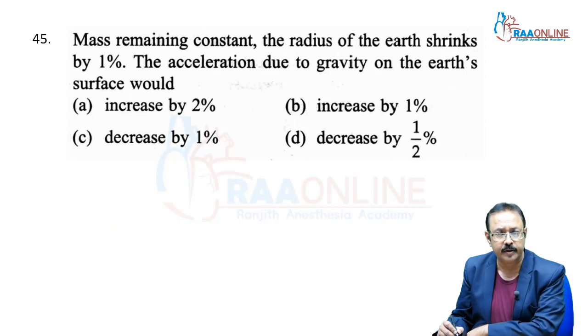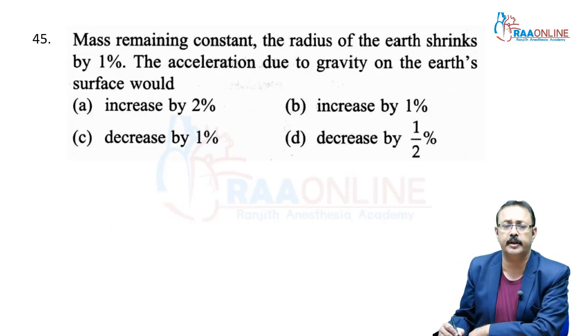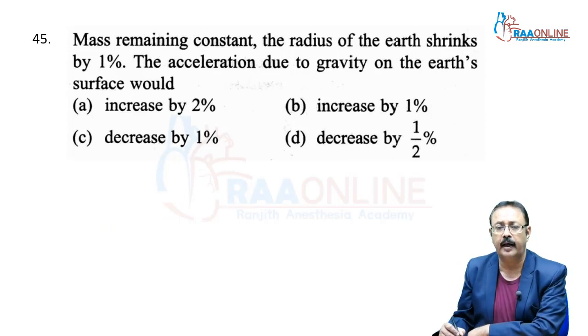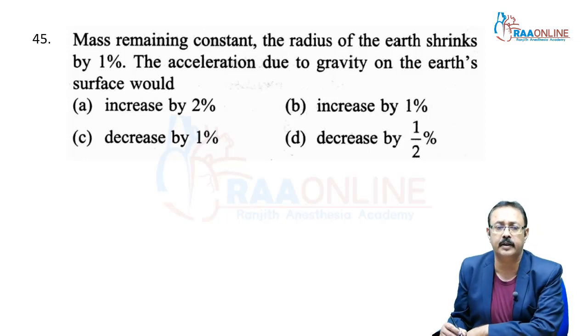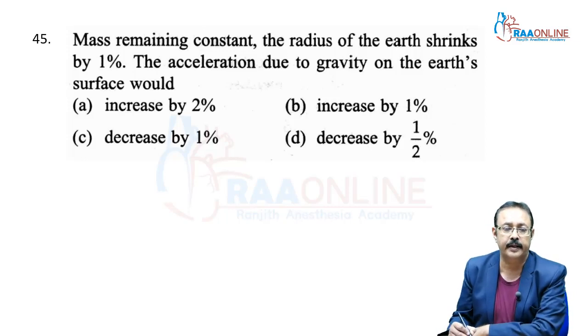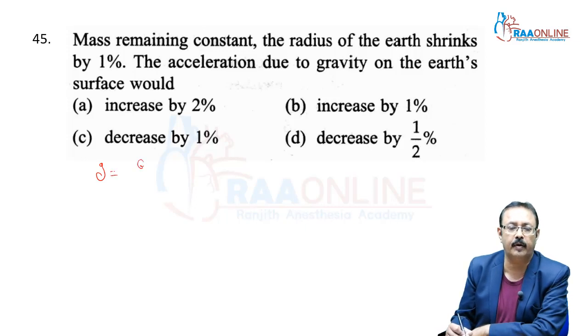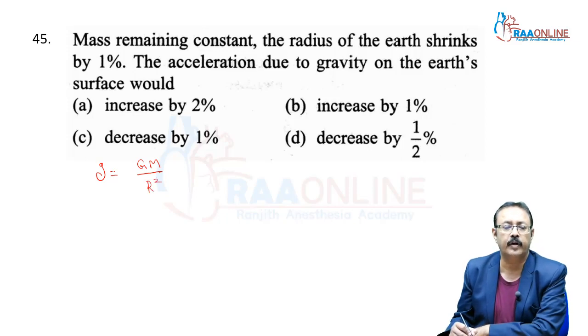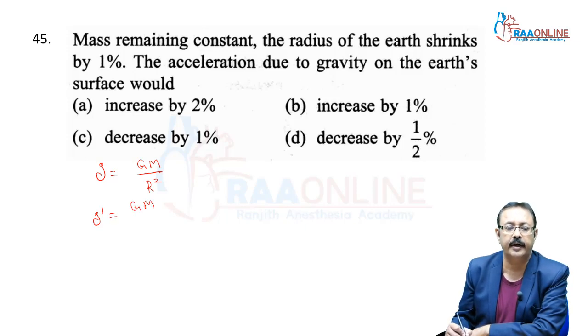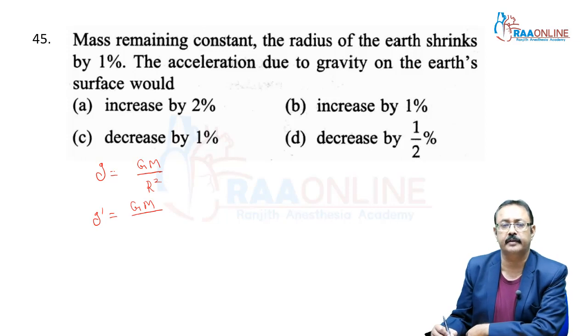Mass remaining constant, the radius of Earth shrinks by 1%. The acceleration due to gravity on Earth's surface would, see, what is the formula for g? It is GM upon r square. What is the new value of g? Mass remaining constant, the radius shrinks by 1%.